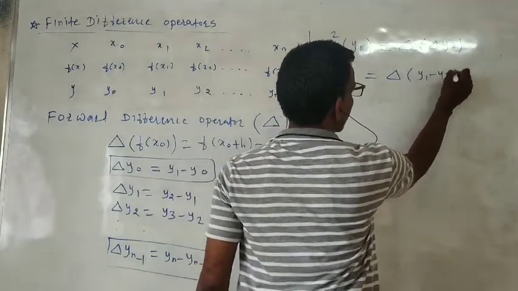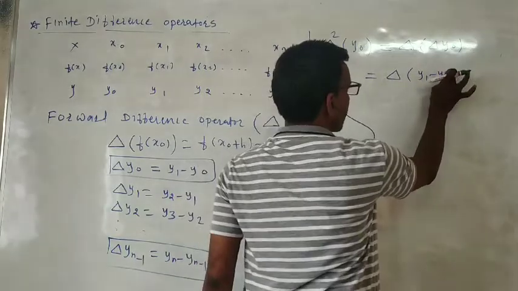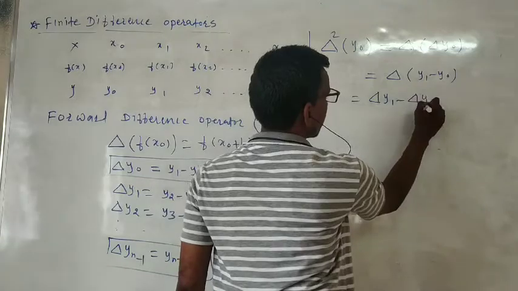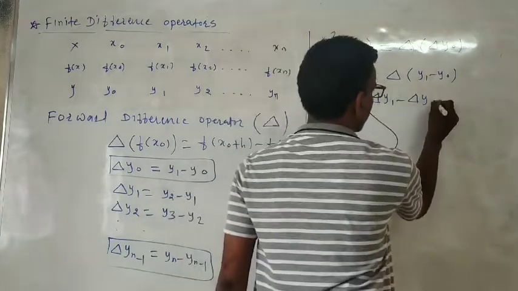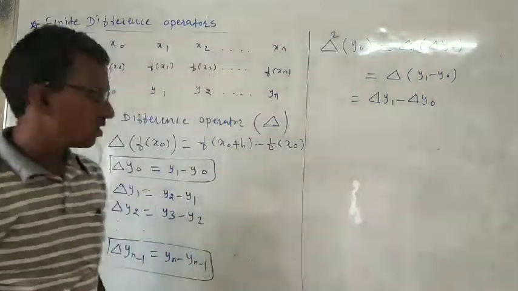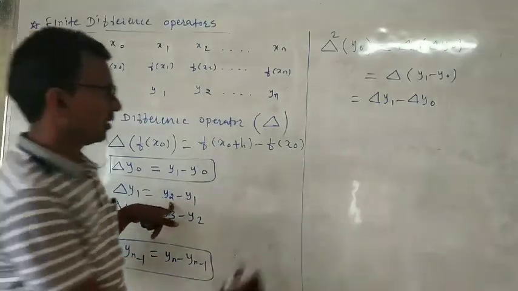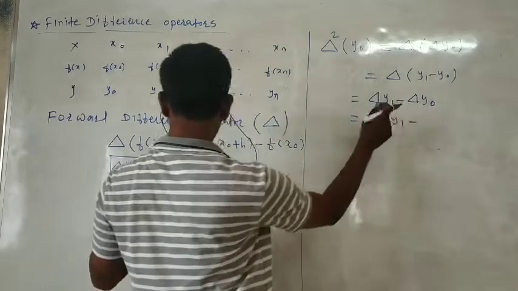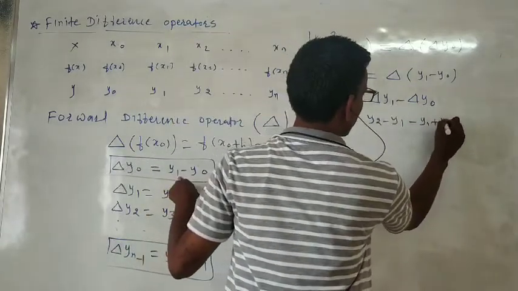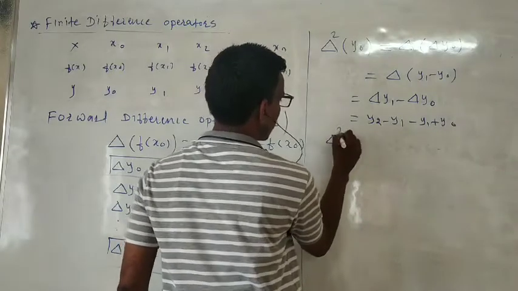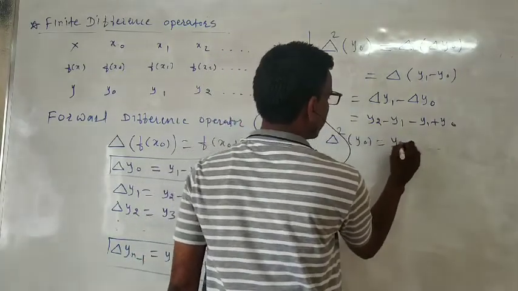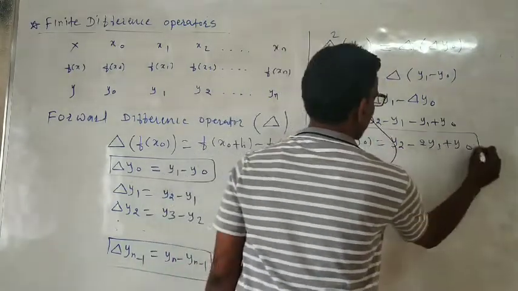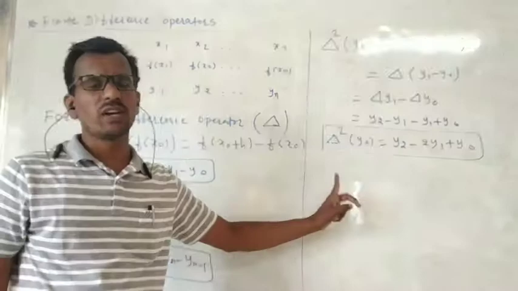This can be written, by using the formula, as y2 minus y1 minus y1 minus y0, or y2 minus 2y1 plus y0. This is the second order forward difference operator.